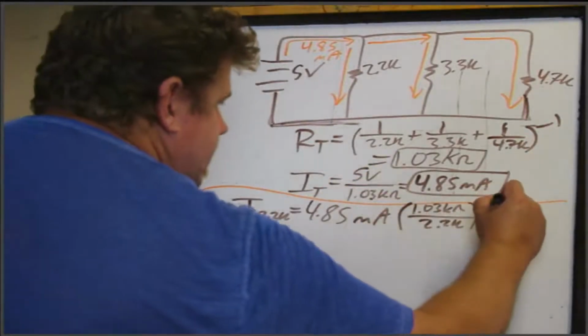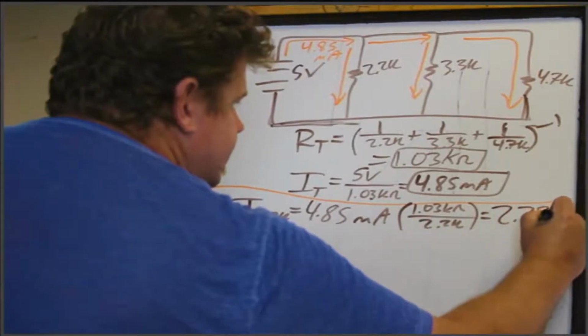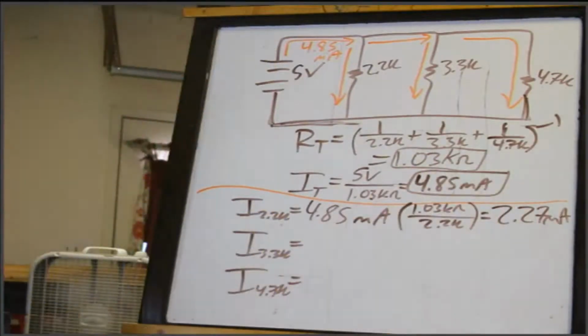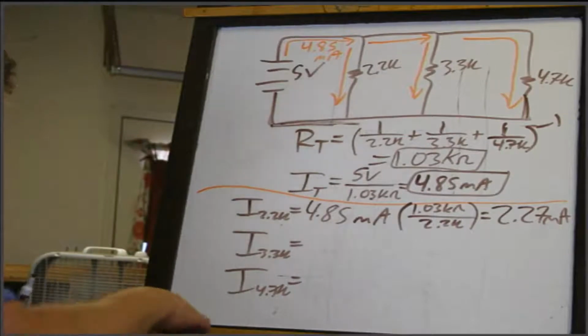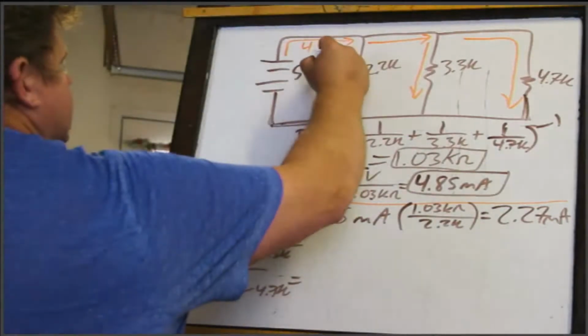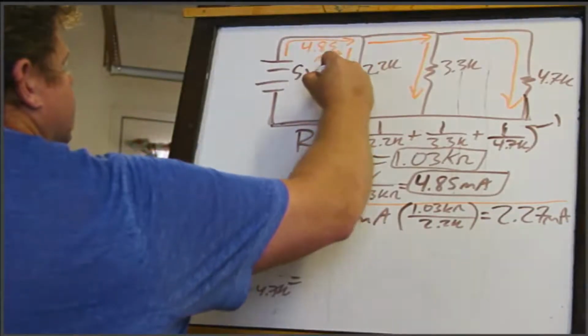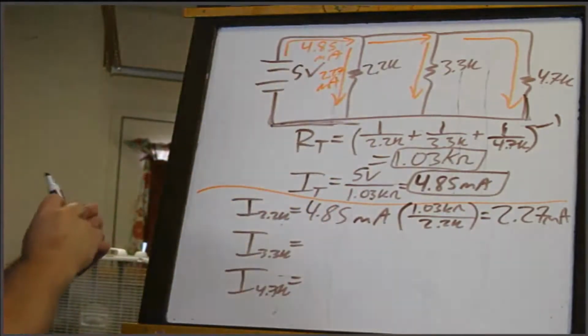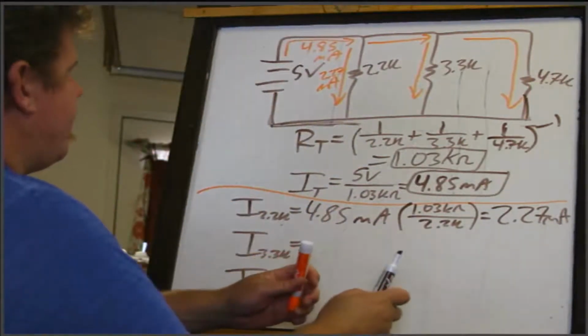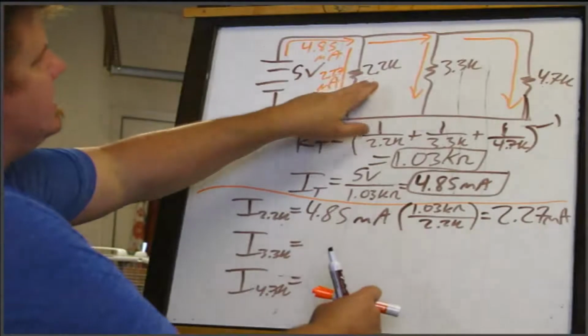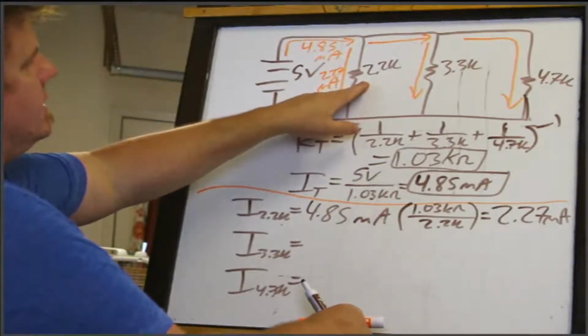Did you get 2.27 milliamps? Okay. So that's how much this pulls, 2.27 milliamps. Now, just like I talked about before, because this is the smallest resistor, right?